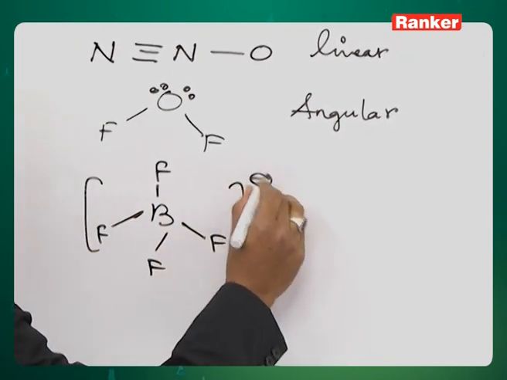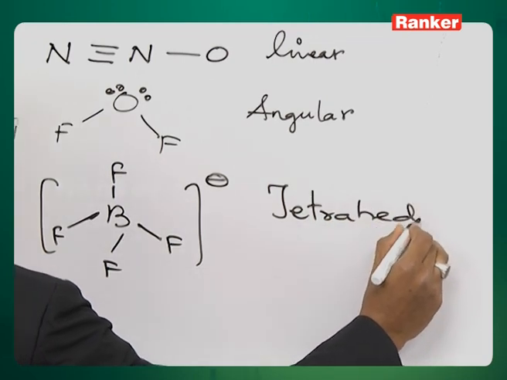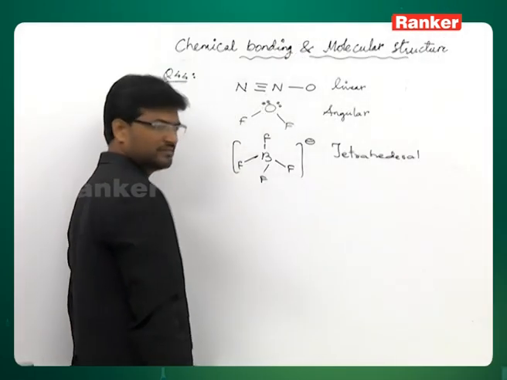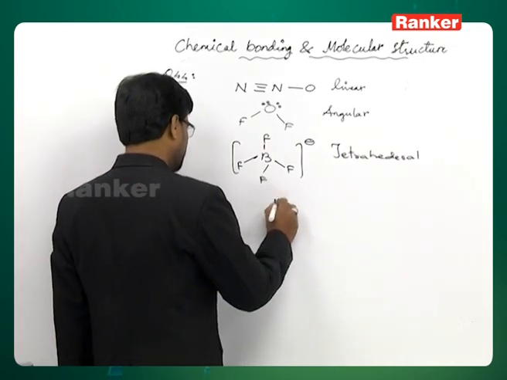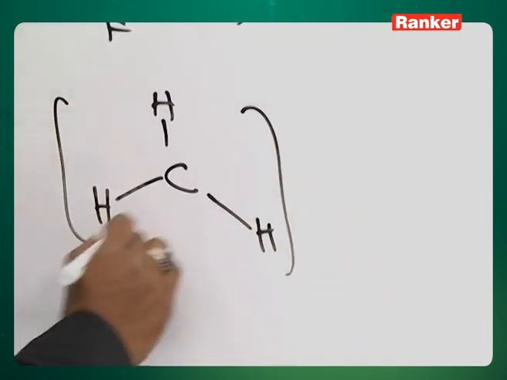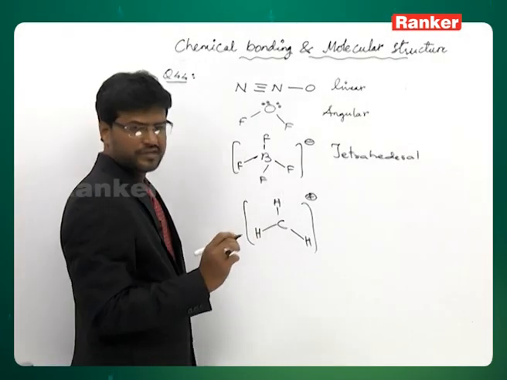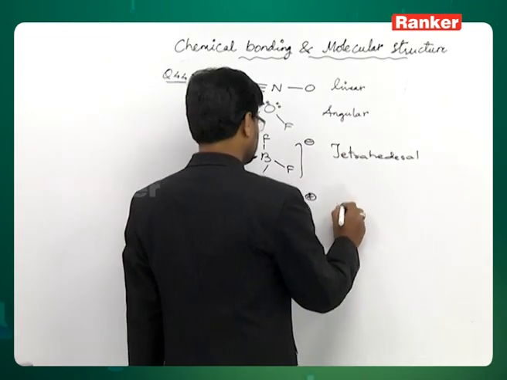It is tetrahedral because there are no lone pairs, 4 bond pairs are there, and that is the reason why it is tetrahedral. And then you have CH3 plus. CH3 plus is plain triangular. Trigonal planar, or you can call it planar triangular.